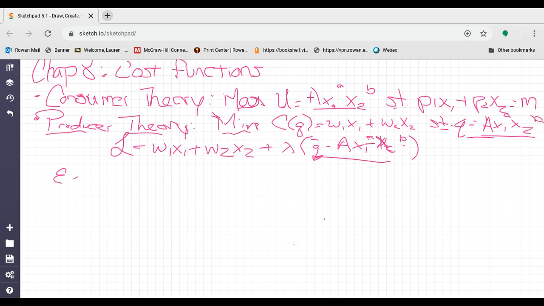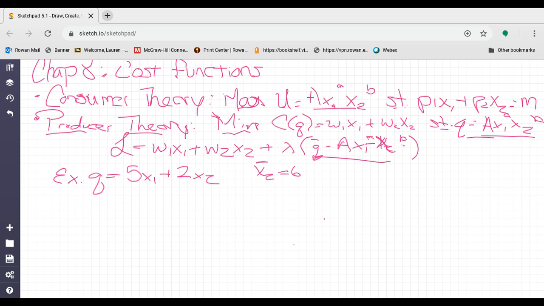All right, so I'm going to start with an example, but I'm going to do it easier. This is an example not with Cobb-Douglas, but with a linear, perfect substitutes technology. So Q equals 5x1 plus 2x2. And you might be given something that says x2 bar is fixed at a certain number, here 6.